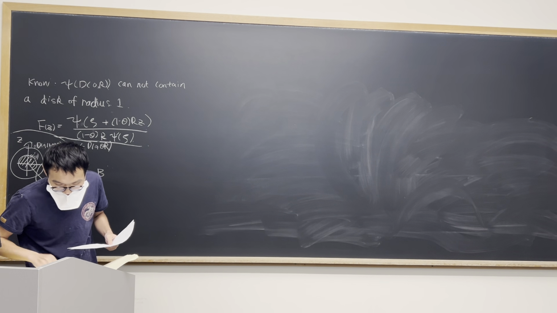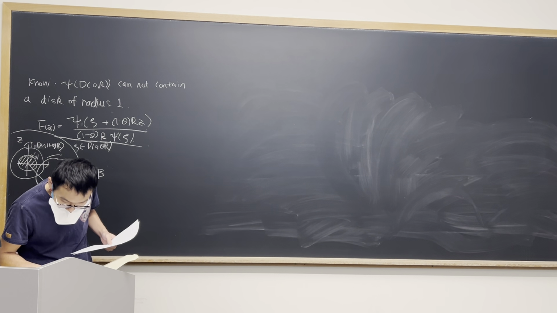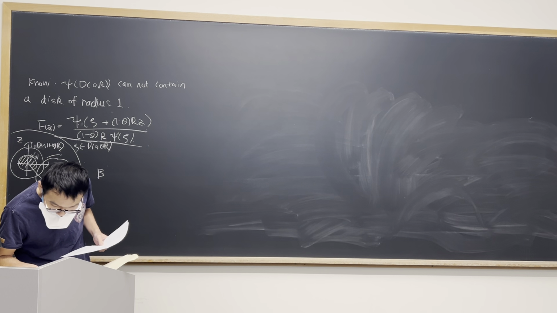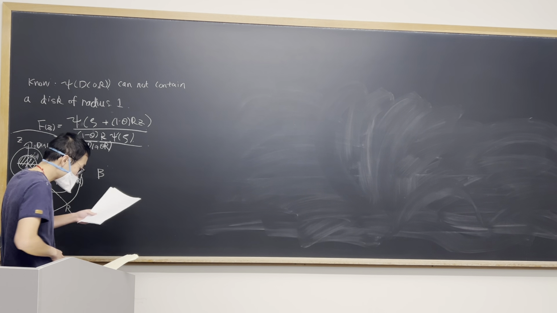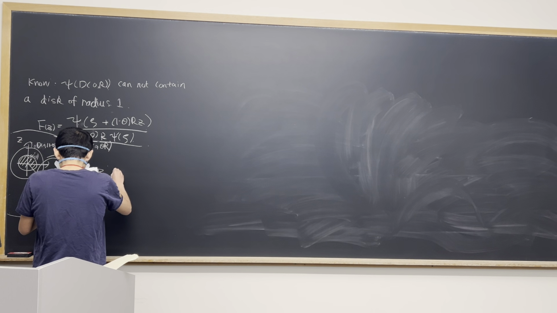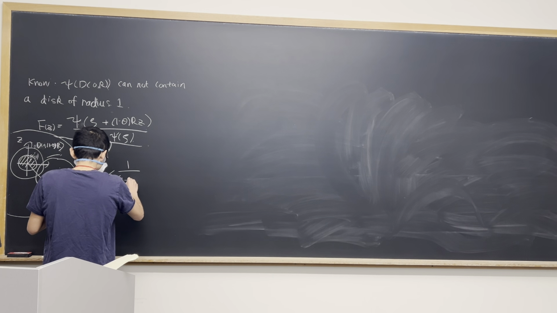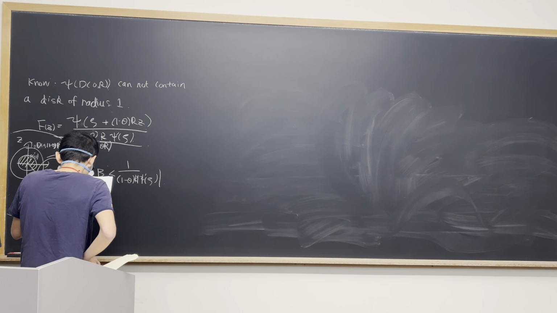So for the Bloch theorem, okay, never mind. So we know that this Bloch constant is less than 1 over 1 minus theta r by theta.